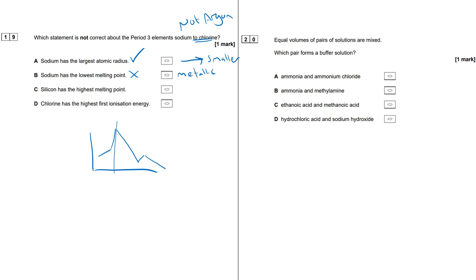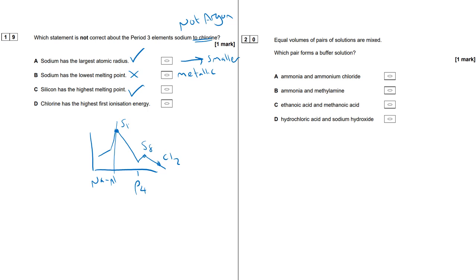You've got your metals over here, sodium to aluminium, silicon's over here, then it drops down to phosphorus, which is molecular, sulfur is molecular, and chlorine is molecular as well. So using that graph I've just drawn, silicon does have the highest melting point.